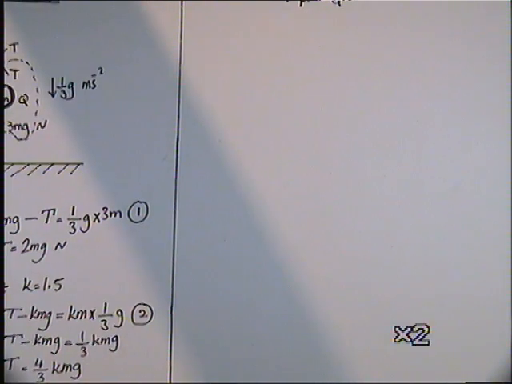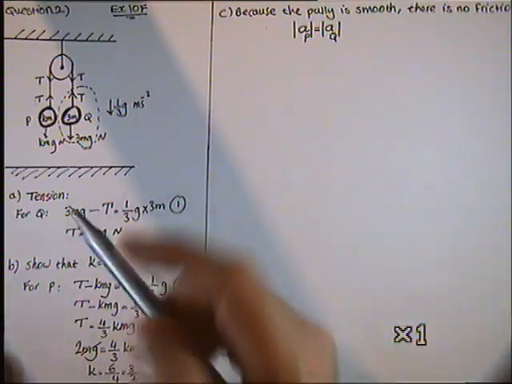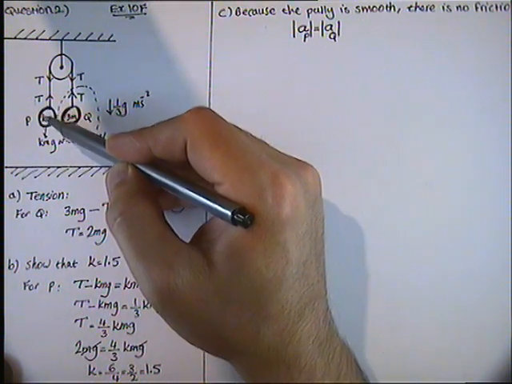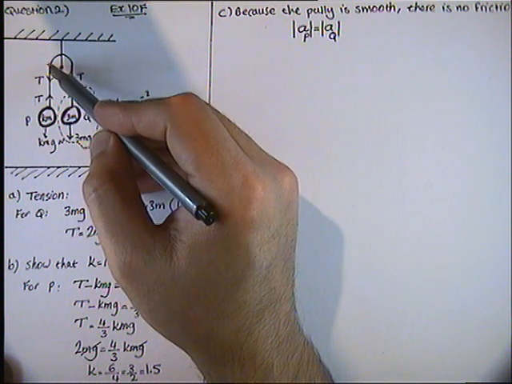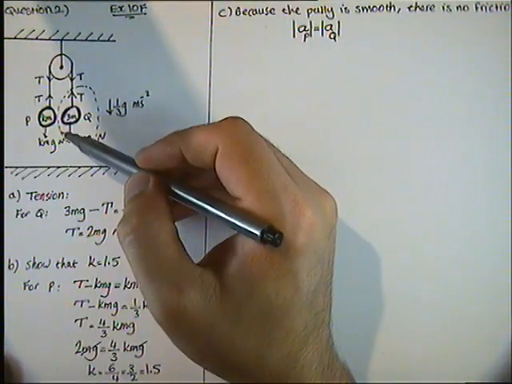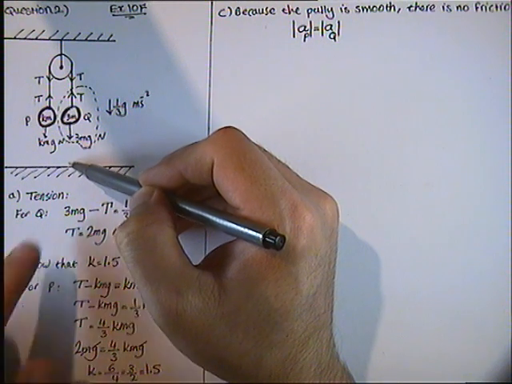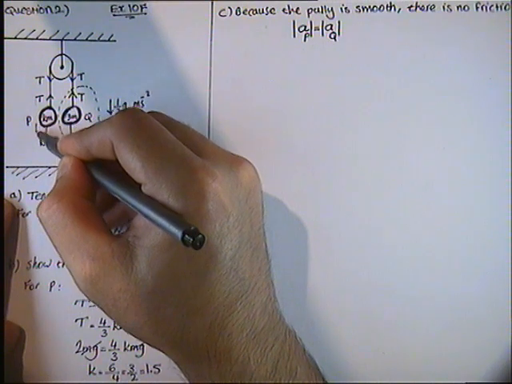So to do this, first I need to explain a couple of things here. First of all, Q will move in this direction and P will move in this direction. However, it wouldn't reach the pulley. So P will hit the ground. First of all, we've got this distance.